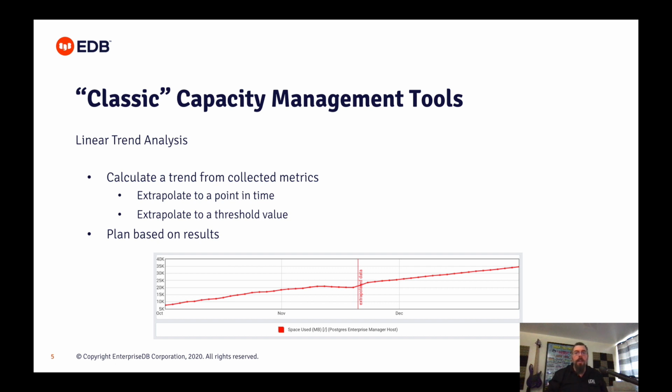And then we'll take that data and extrapolate it out, either to a point in time, so where will I be in 3 months from now, or to a threshold value, so when will I hit 90% of my usage, or when will my database hit 1 terabyte in size. Once we've got that information, and you can see an example in the graph there, we can plan based on those results. So we know when we need to provide more disk space. We know when we're likely to need to have more capacity for more users.